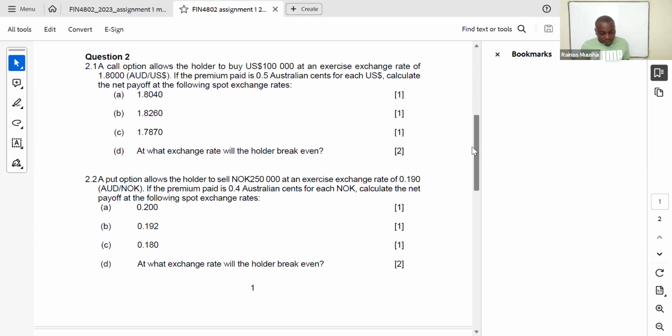Now, when you do a calculation, as we see for question number 2, make sure that your values are either all in cents or all in dollars. So you cannot have some values in cents and some values in dollars.